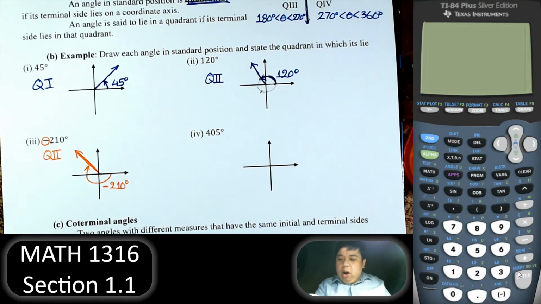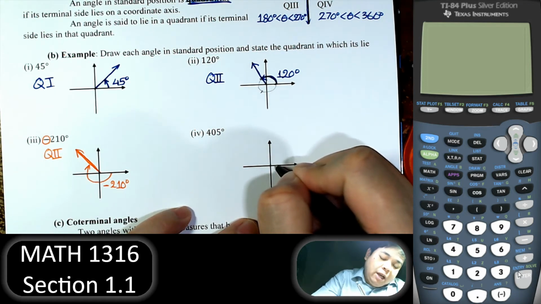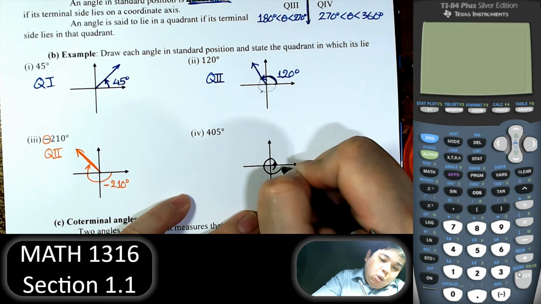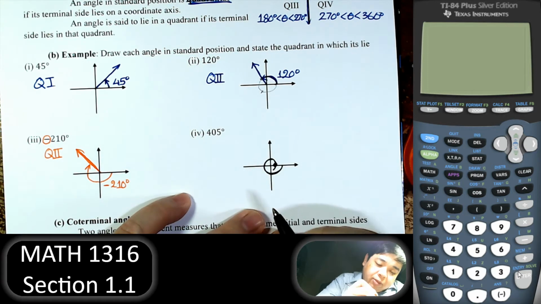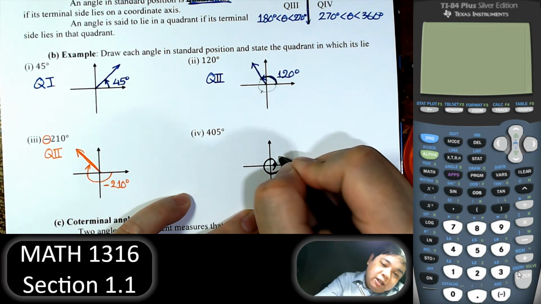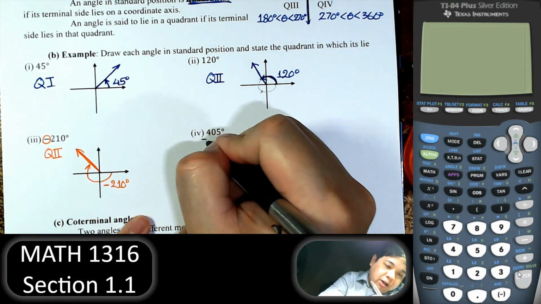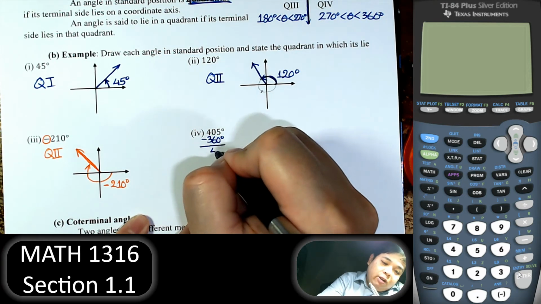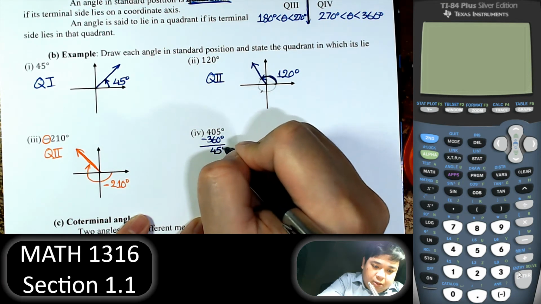405 degrees. This is positive, so we go counterclockwise. One revolution is 360 degrees, and then it has to be a little more than that. By how much? 405 minus 360 is 45 degrees.